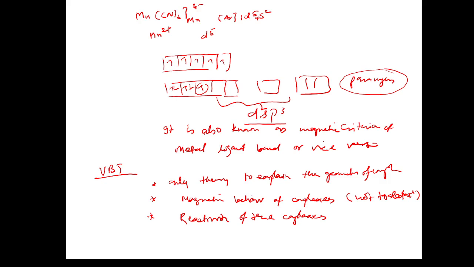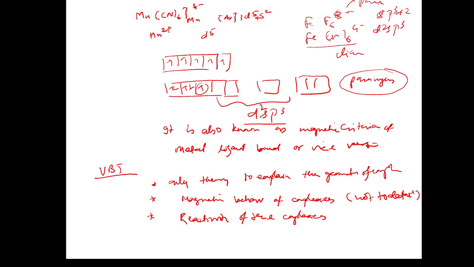Like suppose we have FeF6 3 minus and we have Fe(CN)6 4 minus. So here it is sp3d2, here it is d2sp3. Here this is paramagnetic and this is diamagnetic.